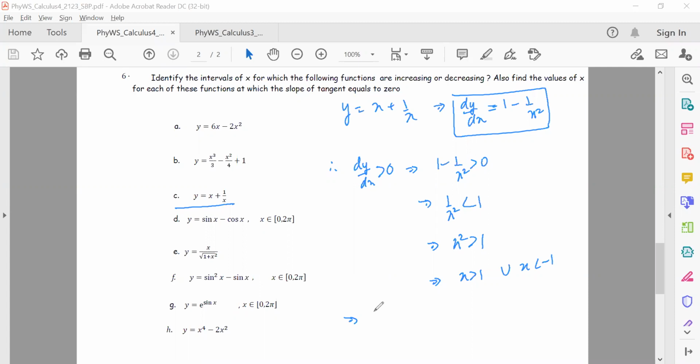So that means y is increasing for x belonging to minus infinity to minus 1 union with 1 to infinity. So this is the first thing, the interval in which the function is increasing.